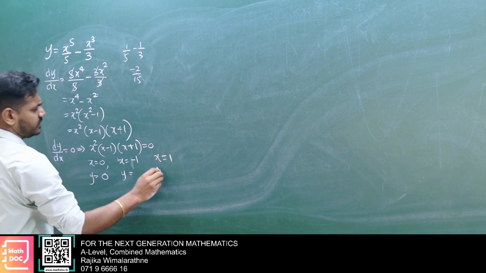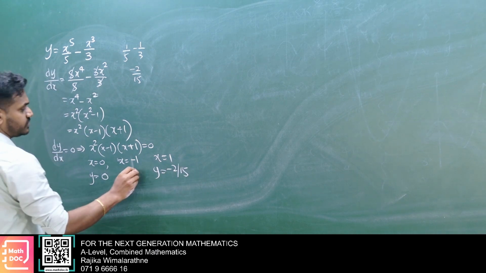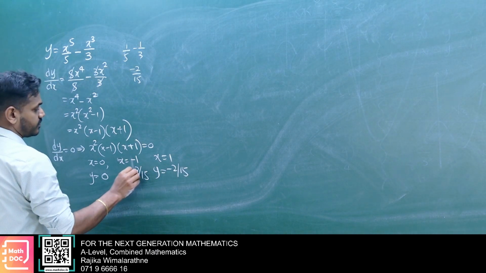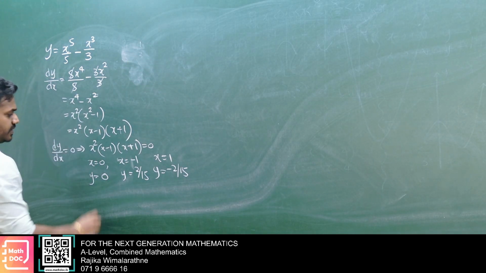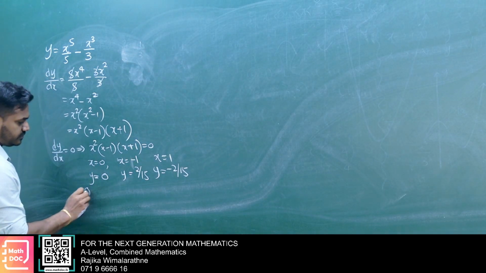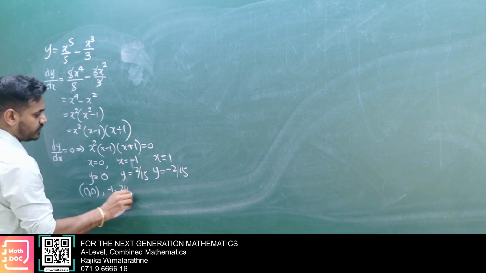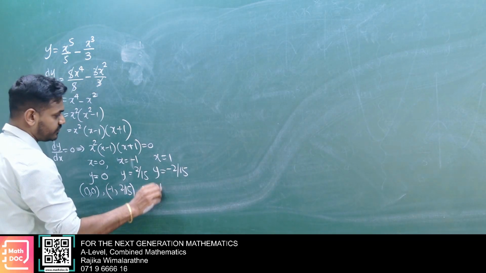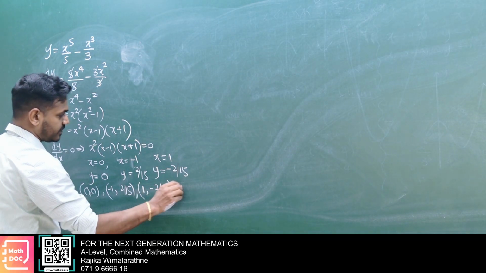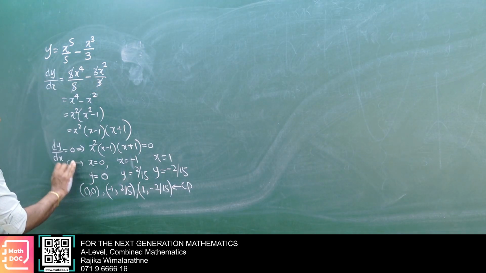Here it is plus 2 over 15. Now the critical points are known: (0, 0), (-1, 2 over 15), and (1, minus 2 over 15).